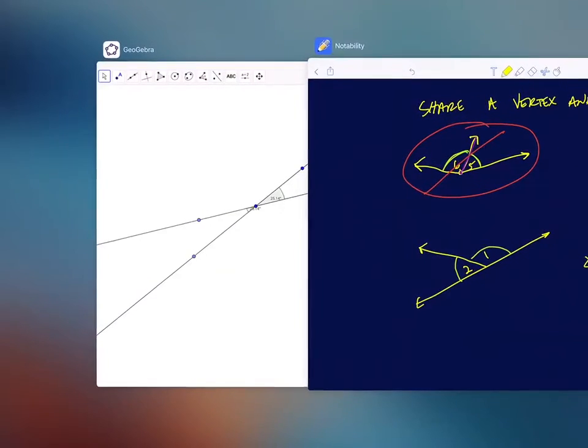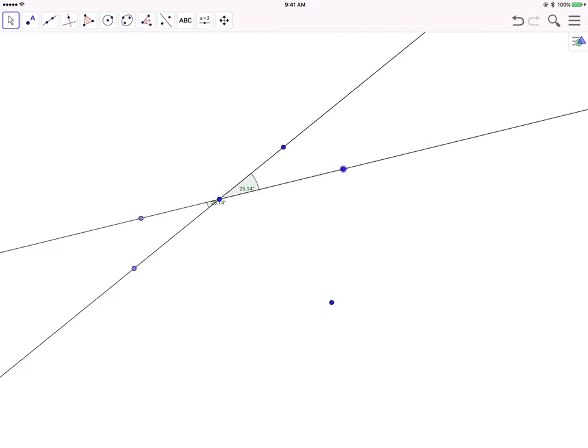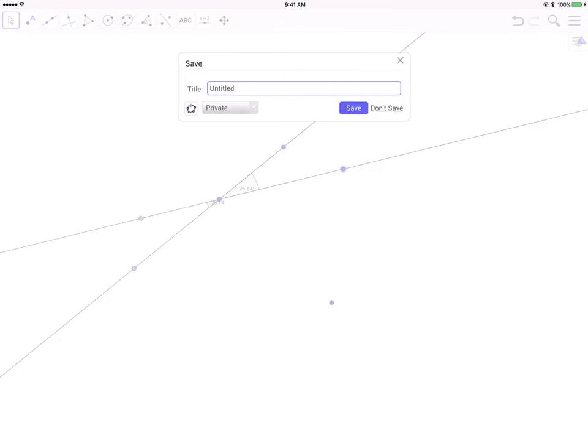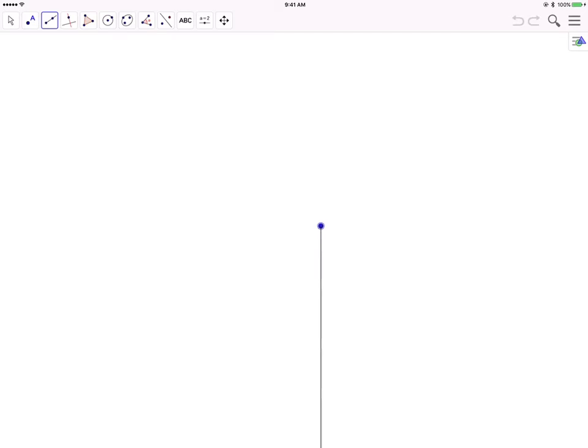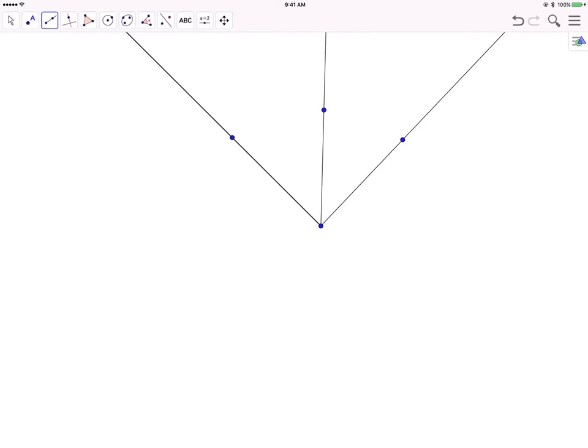Let's look in GeoGebra, so I can try to display this idea. So we're going to make a ray, another ray that makes an angle, and then another ray. Let's make some angles so we can see them.